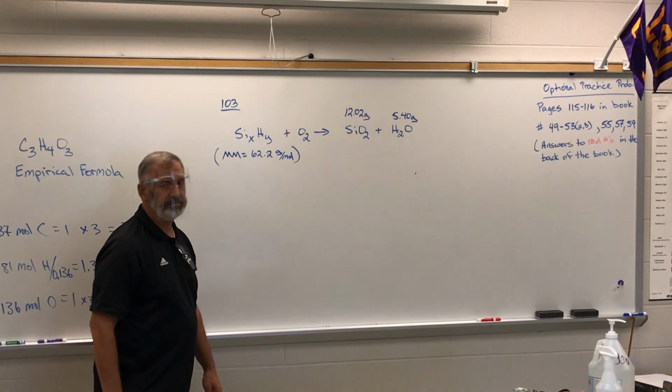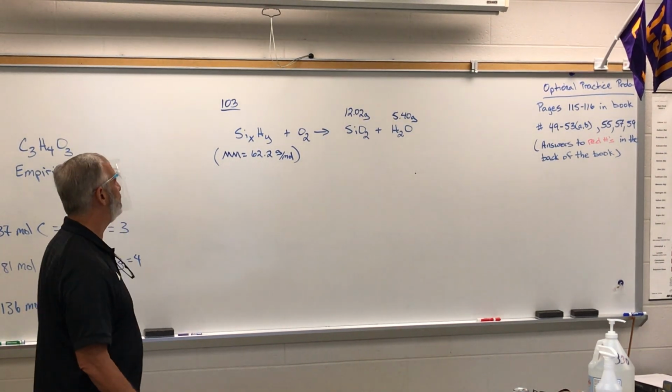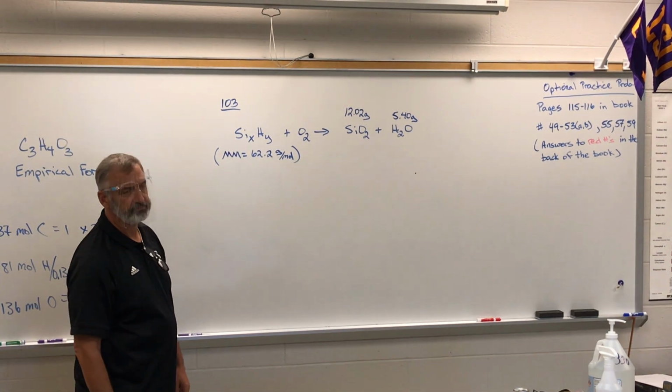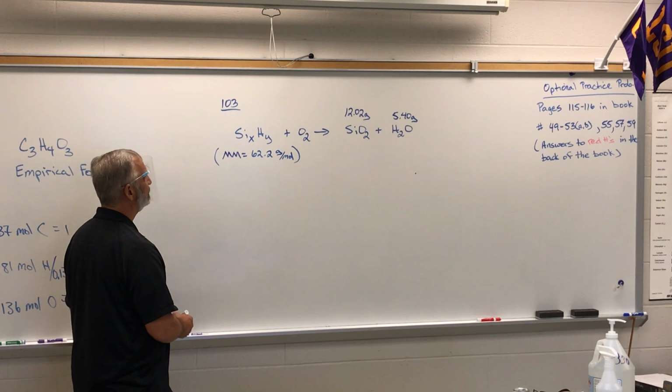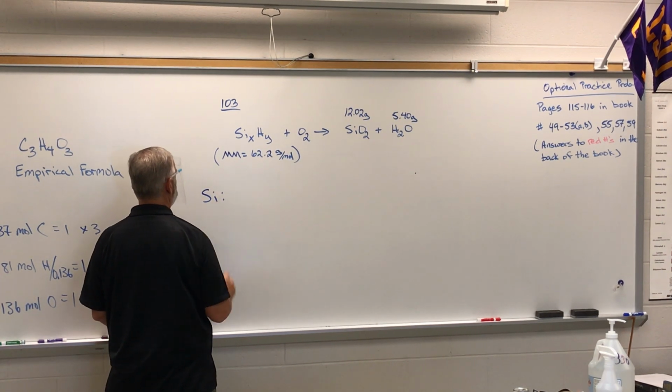Alright, so let's look at this. Okay, if you're not finished by now, it means you're struggling. So Ben, what do I do first? You find the percent composition of Si.